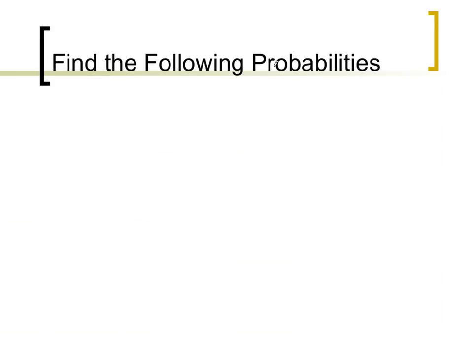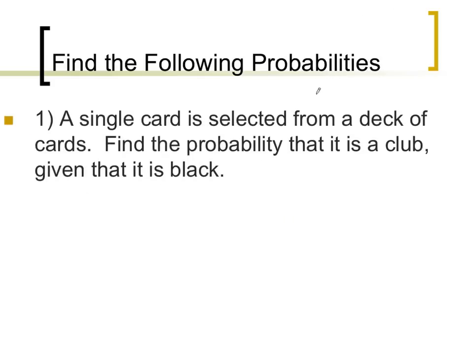So let's use this to find the following probabilities. Example 1 says a single card is selected from a deck of cards. Find the probability that it is a club given that it is black. So what we're looking for here is the probability of getting a club given the card is black. Looking at this, we would call this event 1 and this would be event 2.